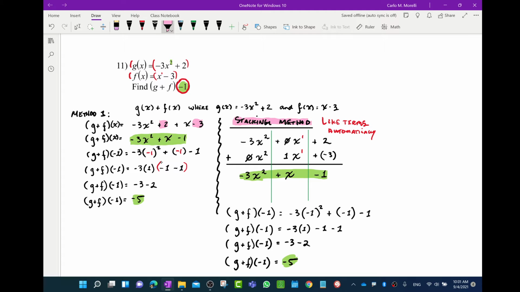And only when I had the sum of those 2 functions did I actually evaluate at the number they wanted us to evaluate. What I see in a lot of the homework problems and the tests that I'm grading, even in pre-AP, is students attempting to jump and plug the negative 1 in at the very first step.